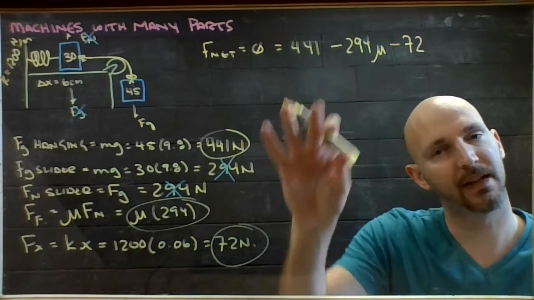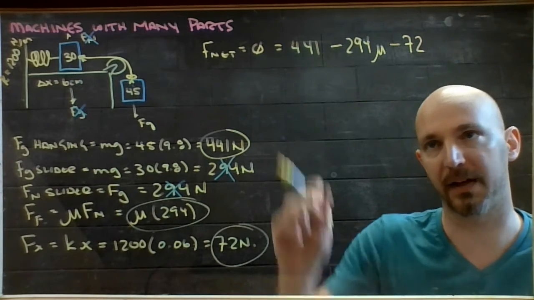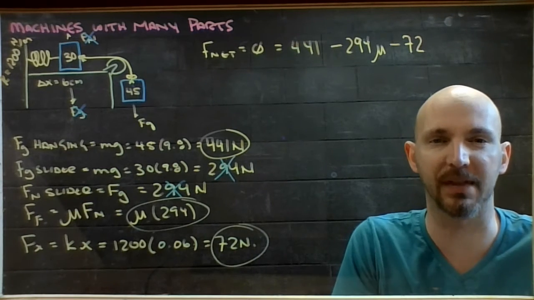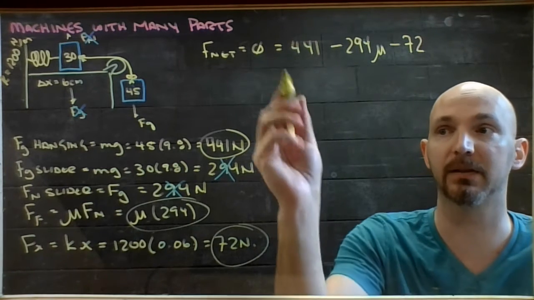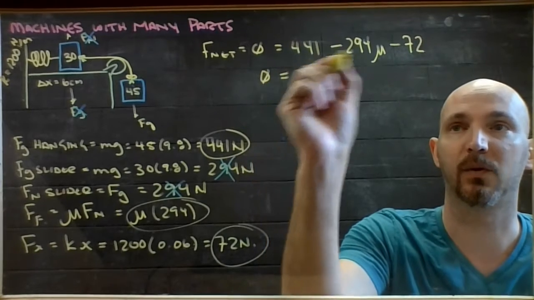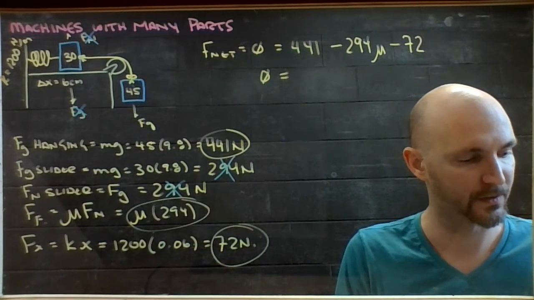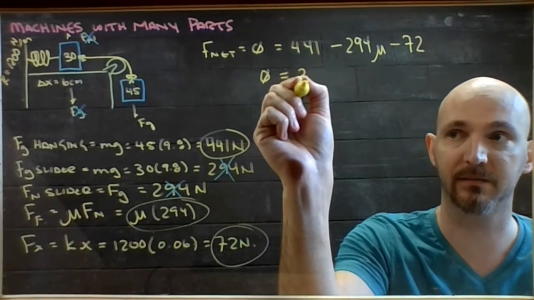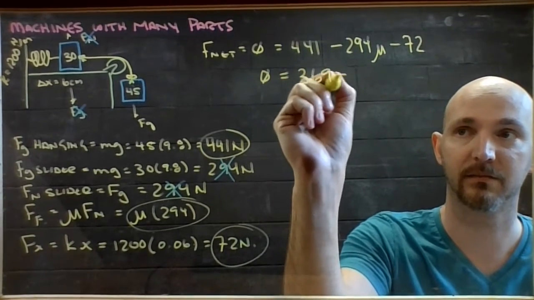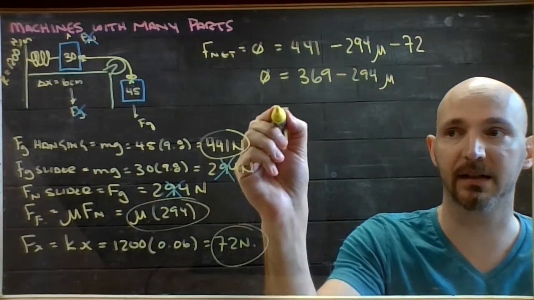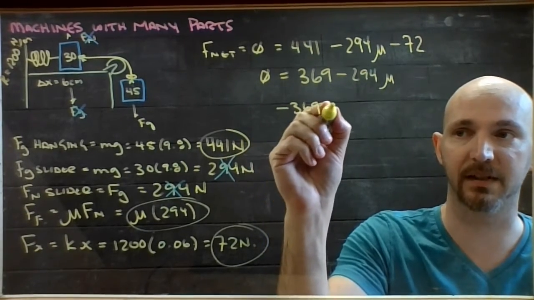So this is very similar to the last setup. I know a whole bunch of numbers and there's one that I don't. So I'm just going to go through the same algebra in order to figure that out. 441 minus 72 is 369. You kick this to the other side, it becomes negative 369.